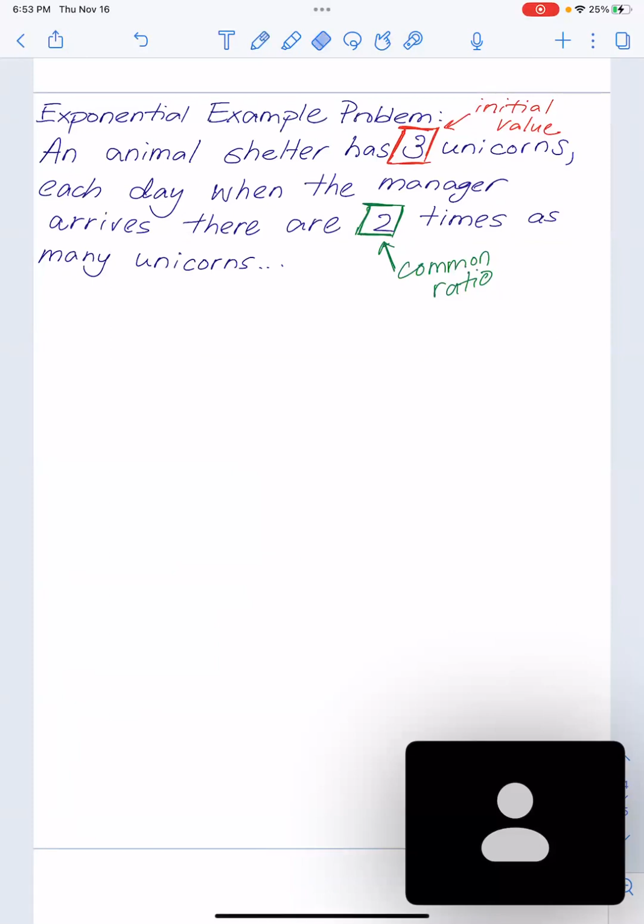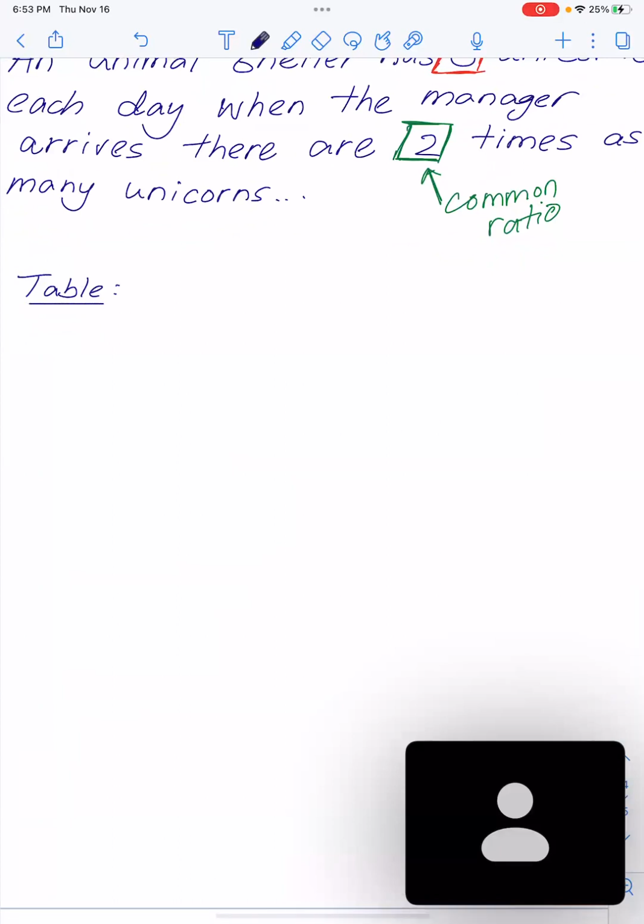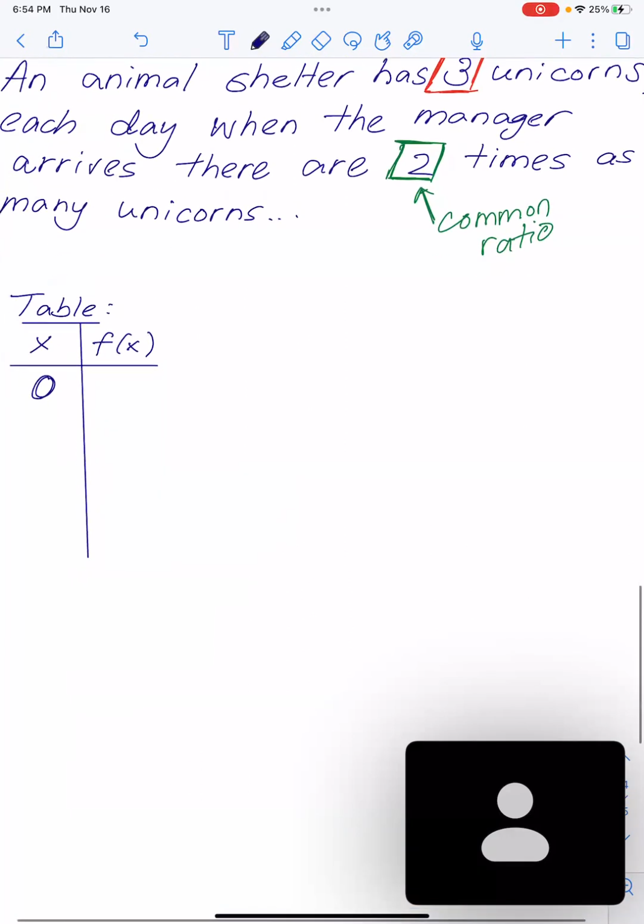So how do I make a table for this situation? Well, I have x and f of x. X is days, and f of x is number of unicorns. Okay, my initial value, I start with 3 unicorns.